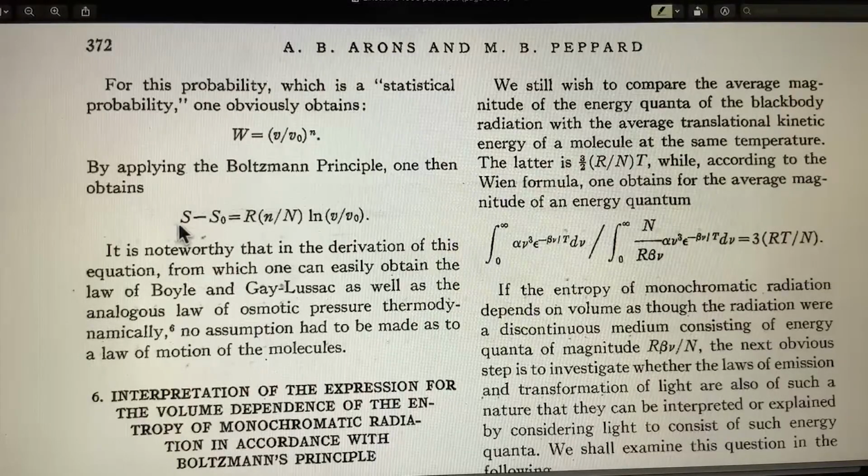But what is entropy if you have a gas. Capital R is your gas constant. Capital N is that Avogadro number. So capital R divided by capital N is the Boltzmann constant k. V is the volume of that chamber in which this gas can spread out, and V naught is a small volume taken in this chamber.